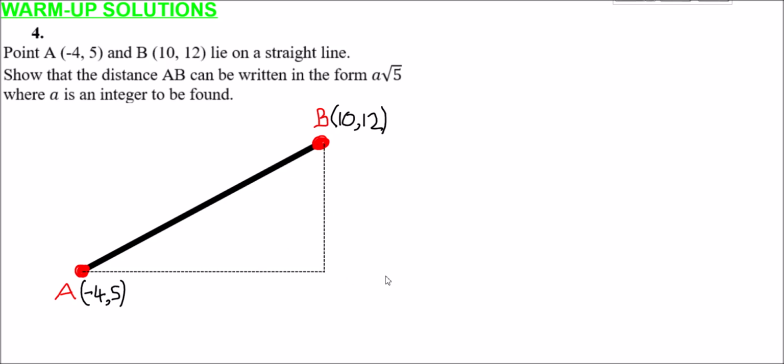There we go. And just apply Pythagoras by working out this distance and that distance, and then doing a squared plus b squared equals c squared. So in case it isn't now familiar to you, I'm just going to write down Pythagoras. Yep, we're going to use good old Pythagoras.